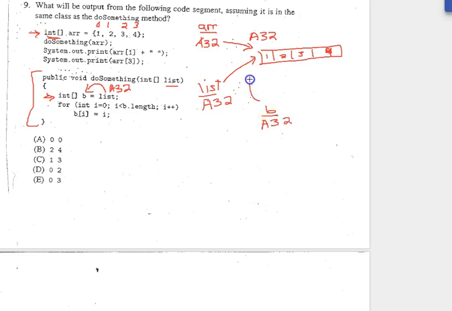In other words, B also points to the memory address A32, which is really where the beginning of this array is. This 4 might be in memory position A38, or maybe A48, or A52. That's inconsequential to the answer to this problem. It's where the 1 is that matters, at memory position A32.